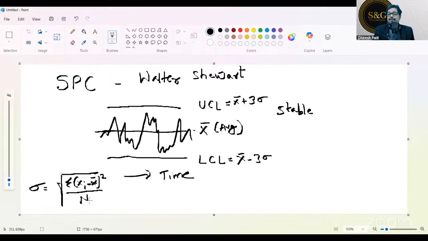Actually, it should be n minus 1, but let's take it as n. Xi meaning what? Xi is an individual, actual data point. And x bar is the average, which we know, right? N is equal to the number of data points.